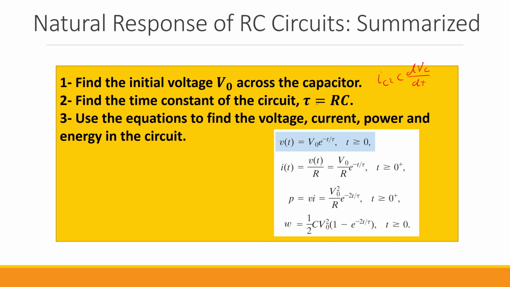And then after doing that, we can use these sets of equations to find out the values for the voltage, the current, power, and energy.